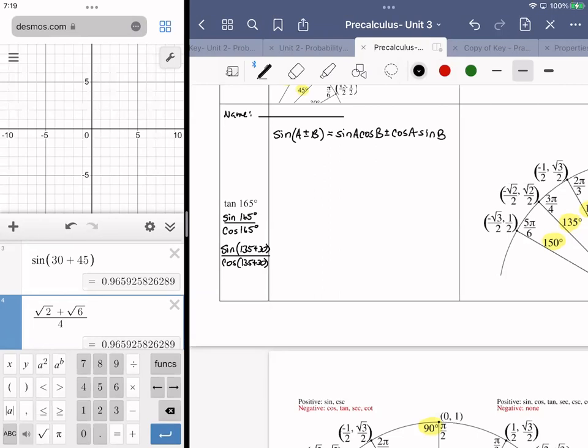Sine of A plus or minus B is equal to sine A cosine B plus or minus cosine A sine B. And then we also have cosine of A plus or minus B, which corresponds to cosine A cosine B minus or plus sine A sine B.